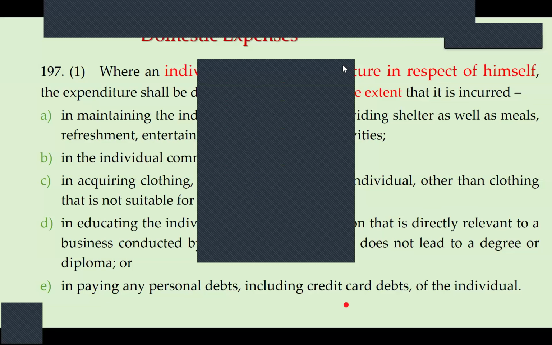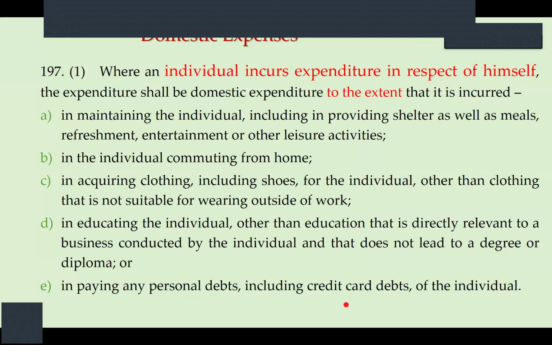Uniforms also, okay. But there are some uniforms that we can wear outside. For example, we can see some ladies wearing a sari. Can we wear it outside of work? Yes, we can see they are wearing it outside of work.